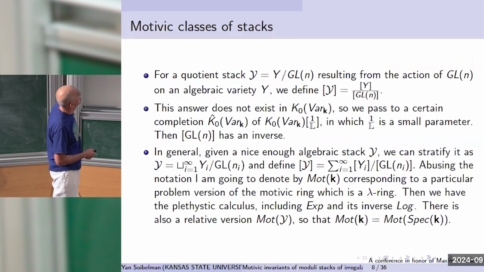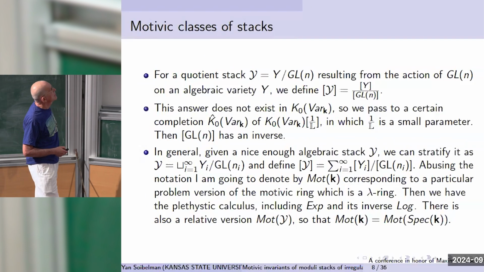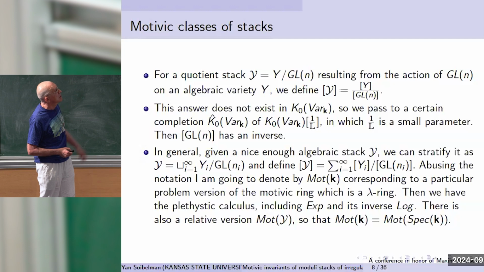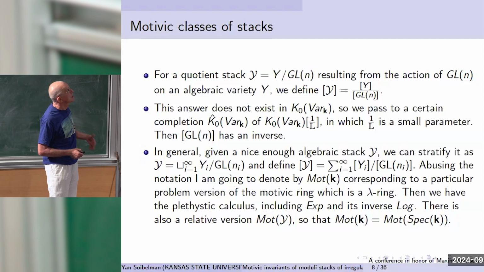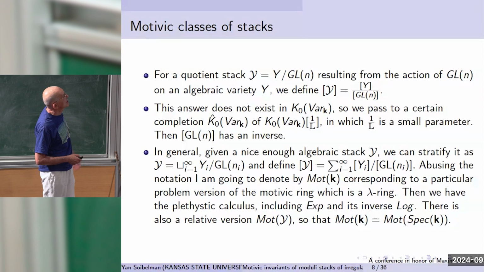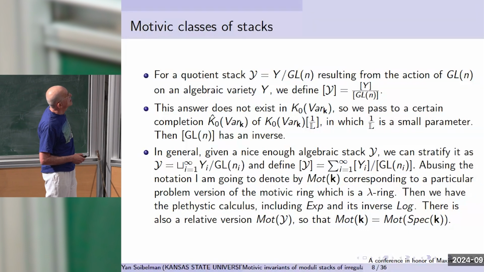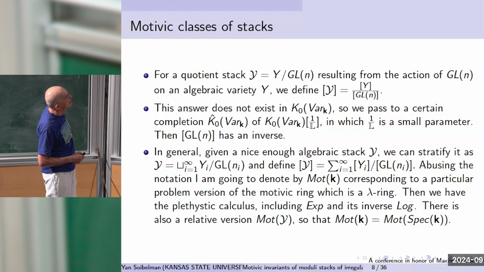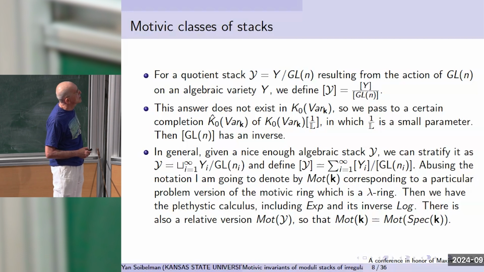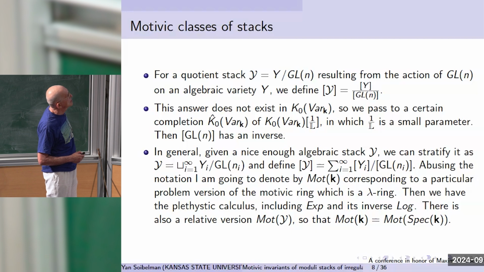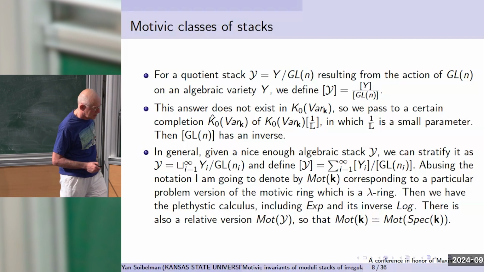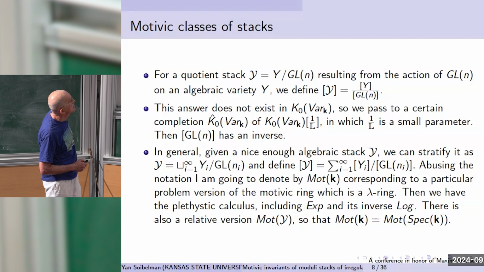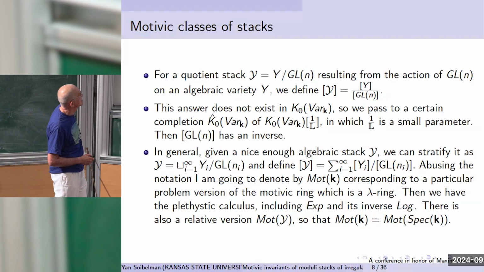That's the idea. Now I will consider stacks, like vector bundles. They have automorphisms, so there is a generalization of that story. In the simplest case of an algebraic variety acted on by GLN, this is the definition. Actually, even here, in order to divide you should do something, because you should introduce the inverse of the Lefschetz motive, and then this thing has meaning as a series.